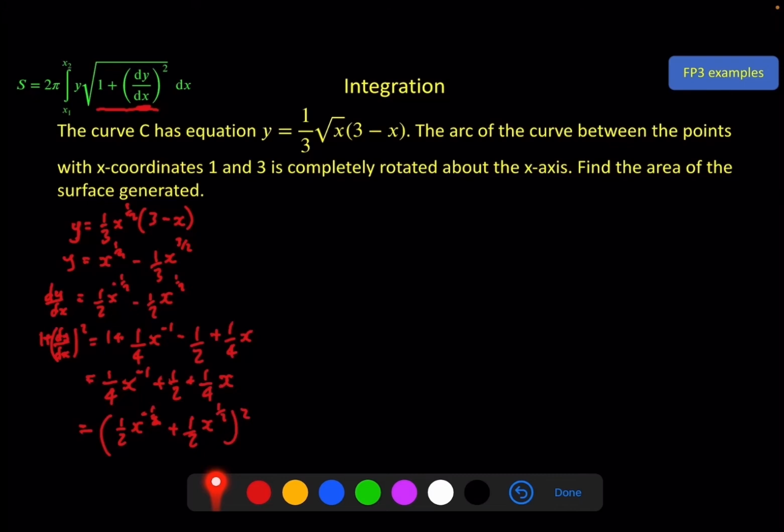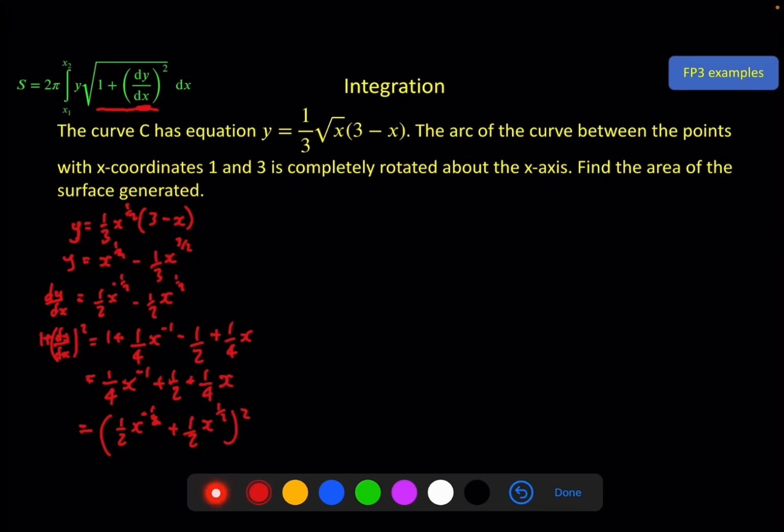And that simplifies nicely because putting that into a square root allows the square root and the squared to cancel, and we just get the terms in the bracket multiplied by the y function, which I'll use this for.